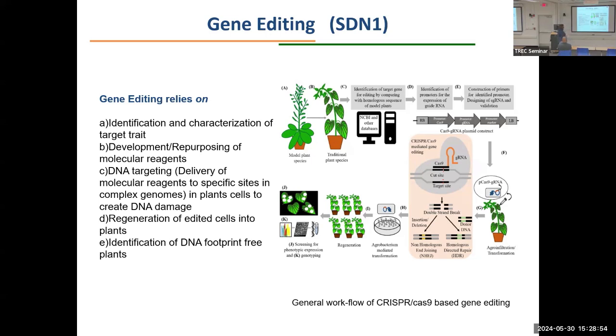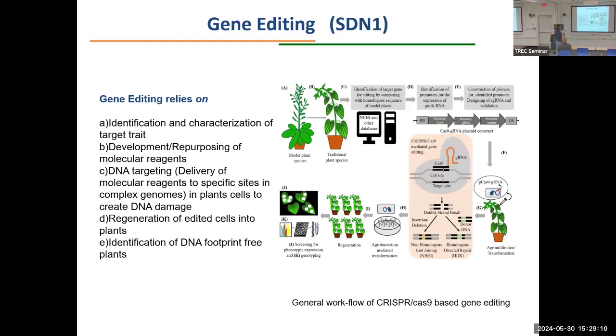Gene editing technology basically relies on these five factors. The first is accurate identification and characterization of the target. Then repurposing of the molecular agents. What are the molecular agents?